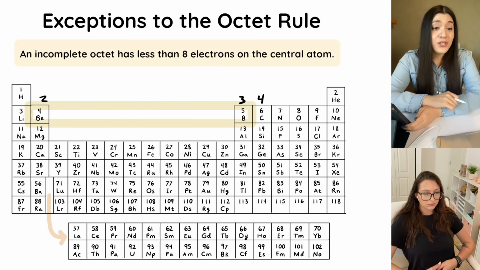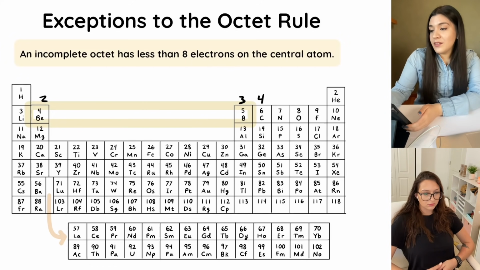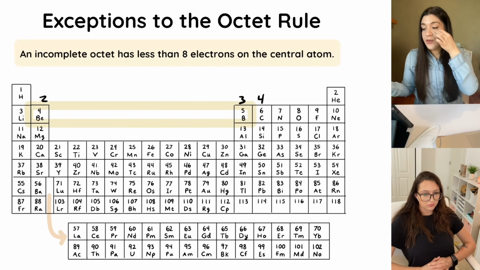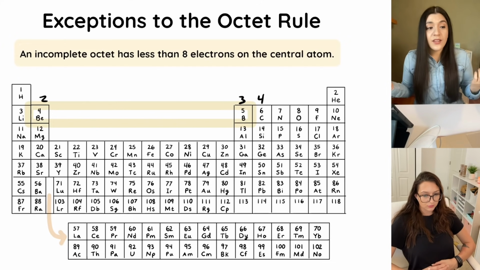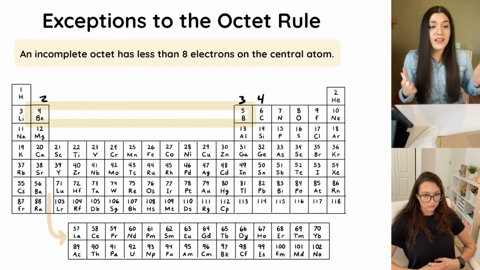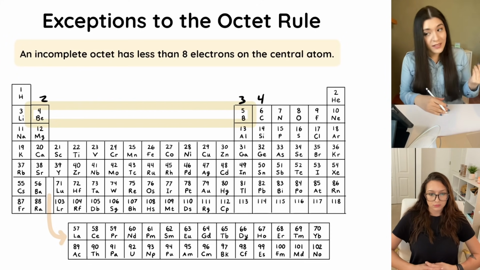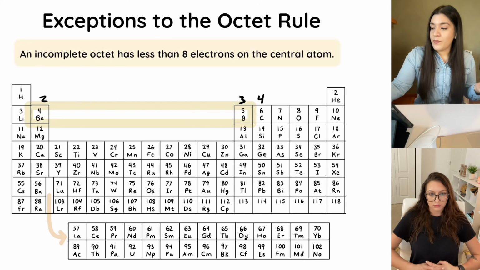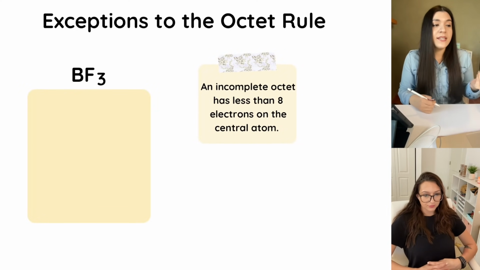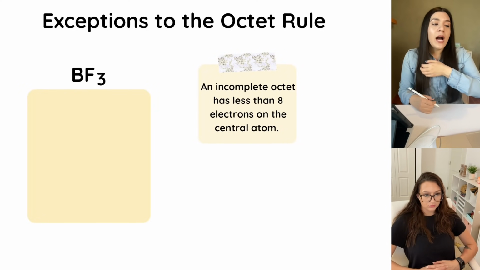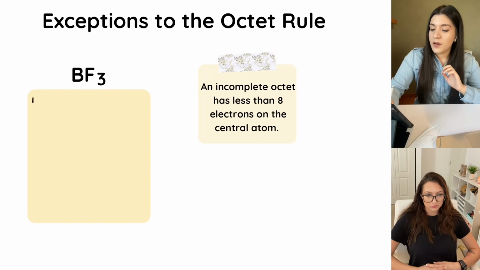Those are the main ones they always use. Just know that they always have fewer than 4 valence electrons to begin with. That's how you know it's going to be an incomplete octet. I'll show you an example. How many valence electrons does boron have?